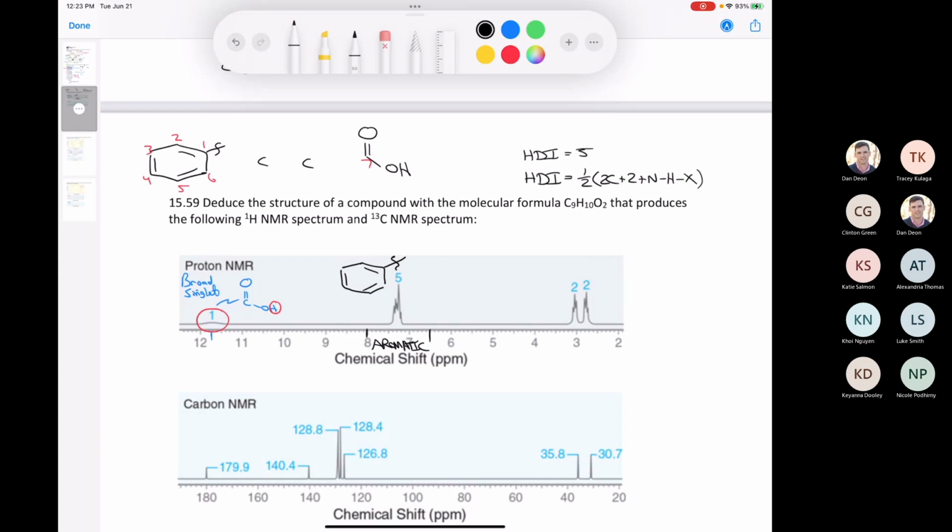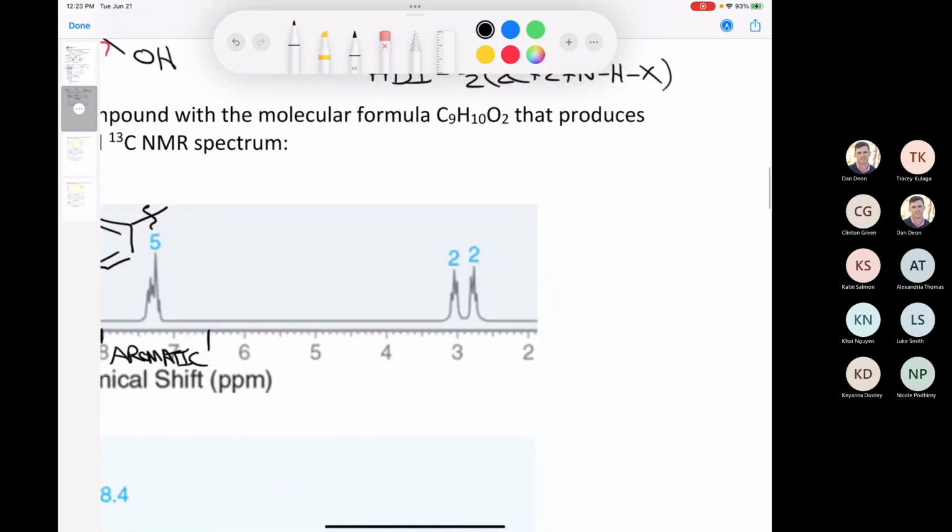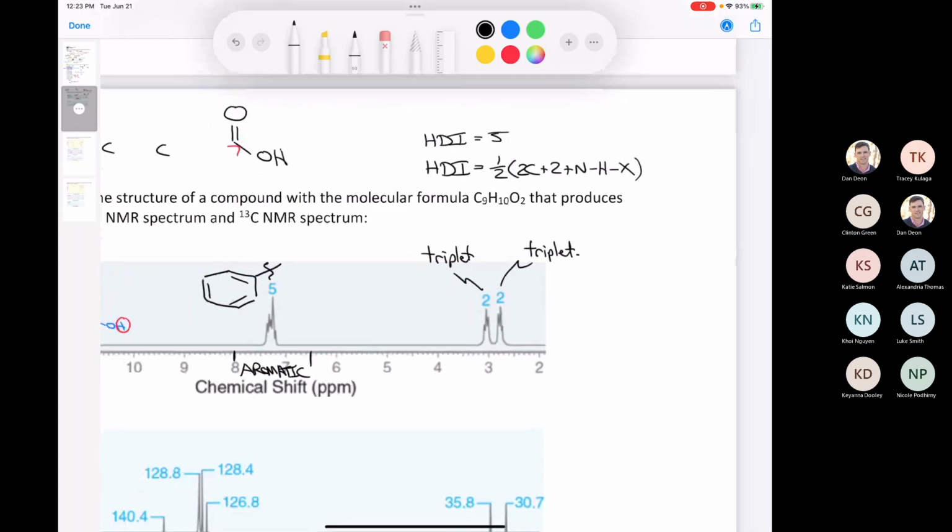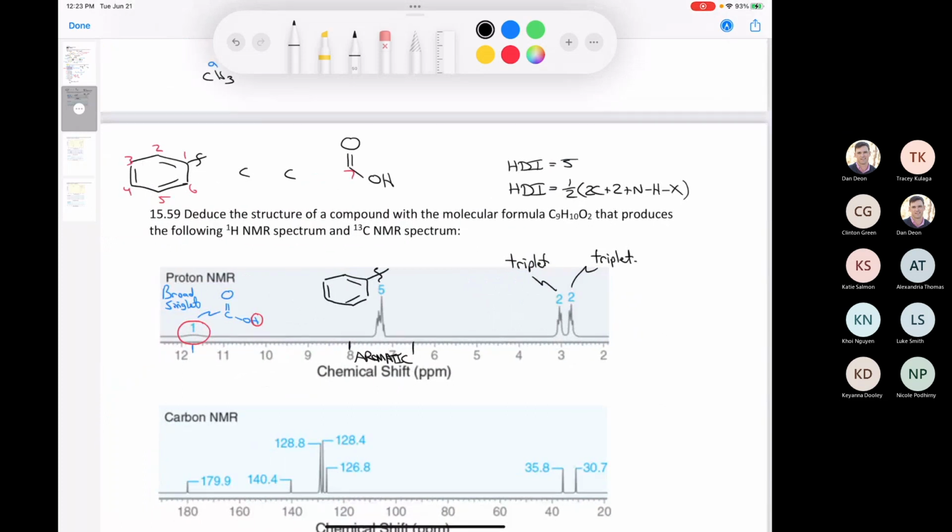Now, if we look down here at the bottom end of the spectrum, it's kind of hard to tell, but this is a triplet that integrates for 2 protons, and this is a triplet that integrates for 2 protons. How can you have 2 protons and 2 protons that both show up as triplets? What would we have to have?